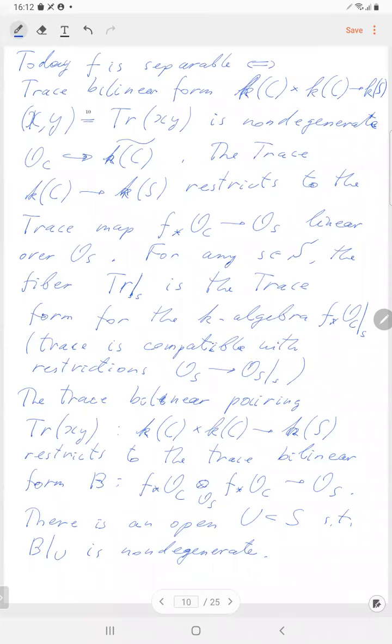Now this number does have some divisors in the numerator and denominator. Okay, and if you throw away these prime numbers, you obtain this open set where your bilinear form is not degenerate.